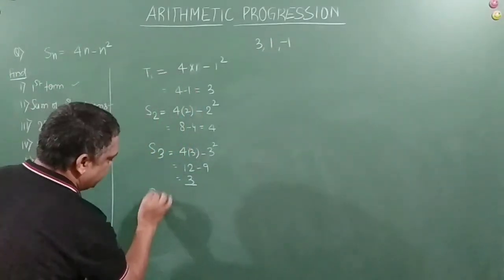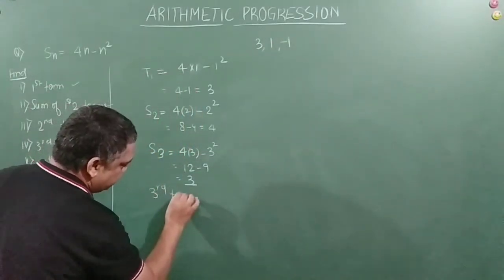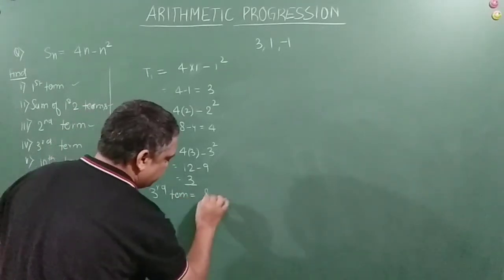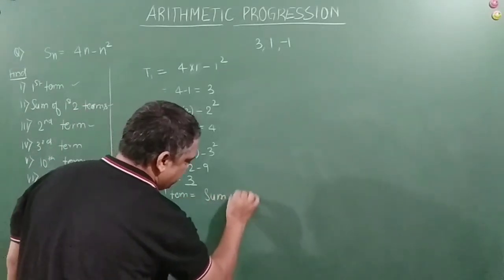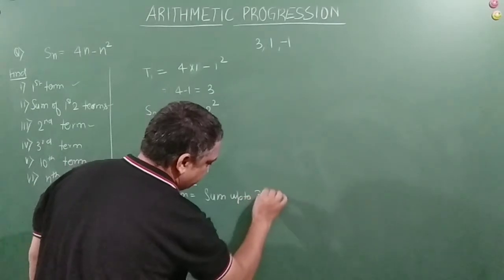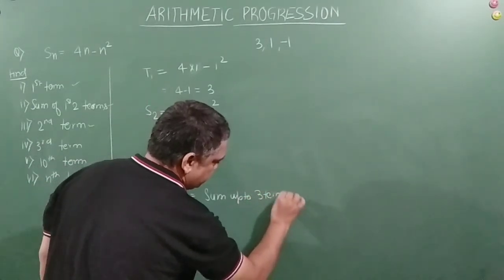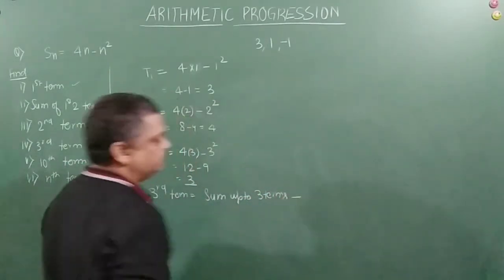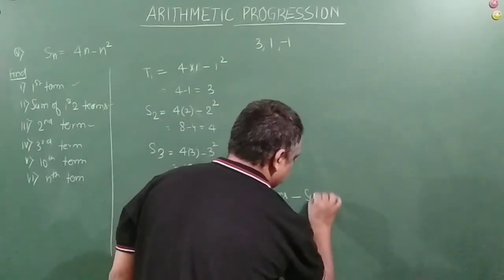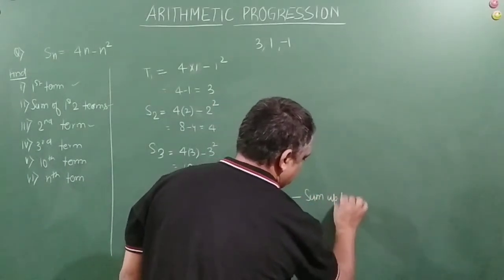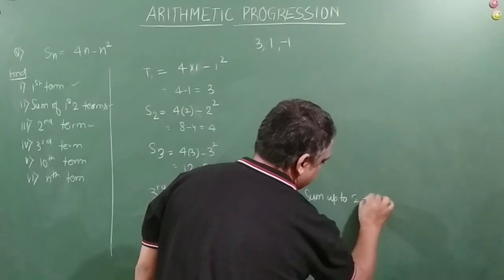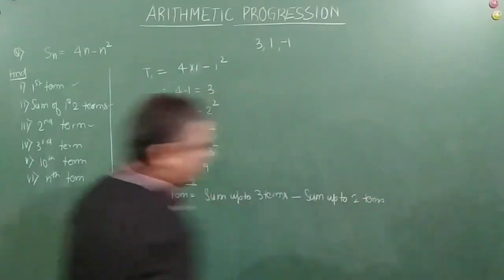Third term, I'll write it here. The third term is equal to the sum up to 3 terms minus the sum up to 2 terms. You're getting it?